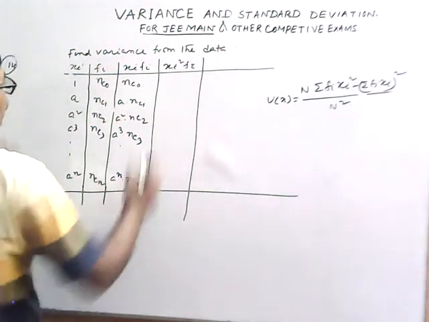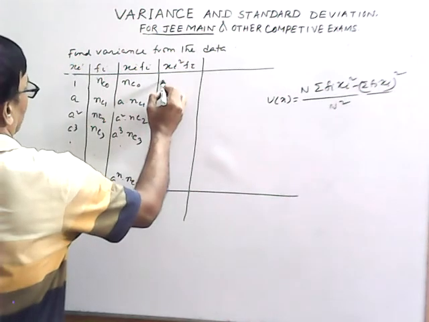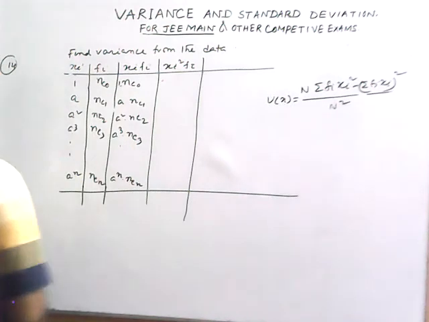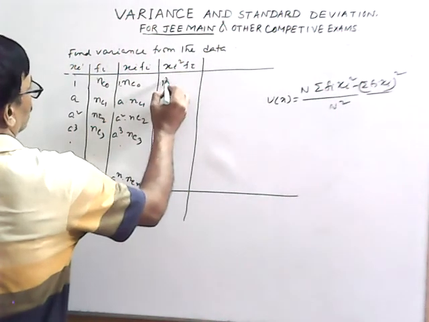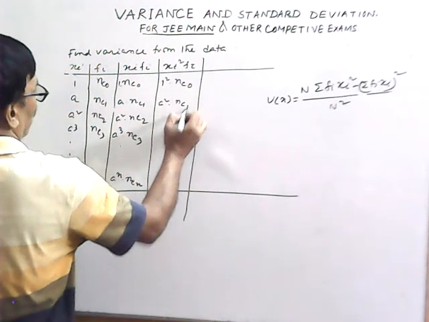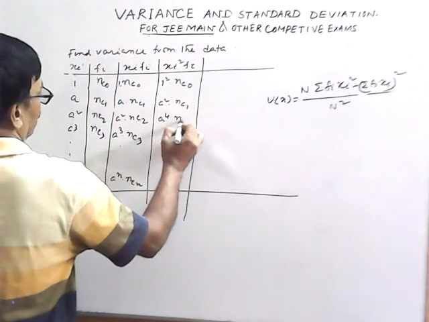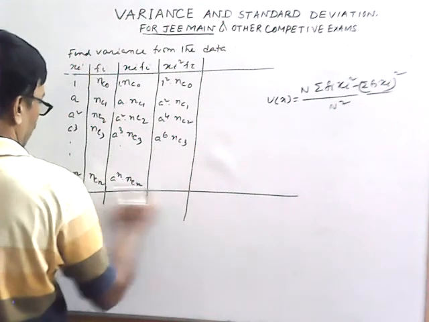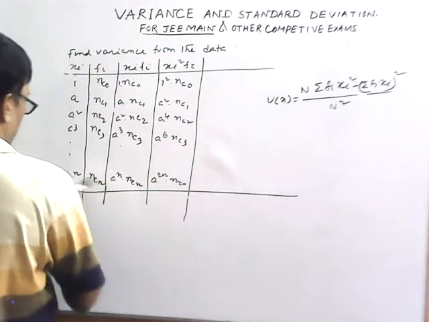And this is 1 into nC0, a into this. Then xi fi into this. So 1 square into nC0, a square into nC1, a to the power 4 into nC2, a to the power 6 into nC3, a to the power 2n into nCn.